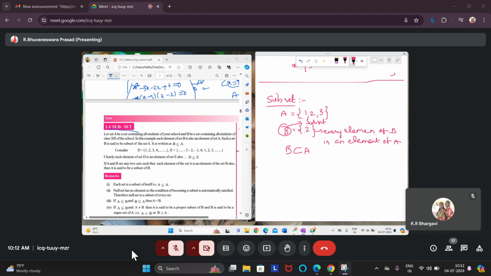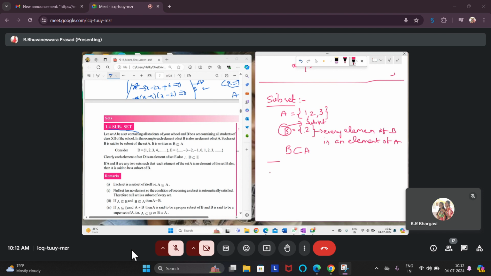So again, one more time, I repeat the definition of subset. Sub means if a main set is deriving another set, the derived set from the main set is also known as a subset.